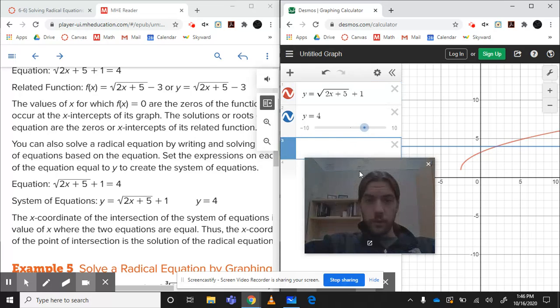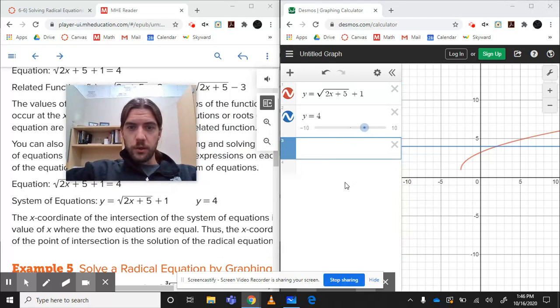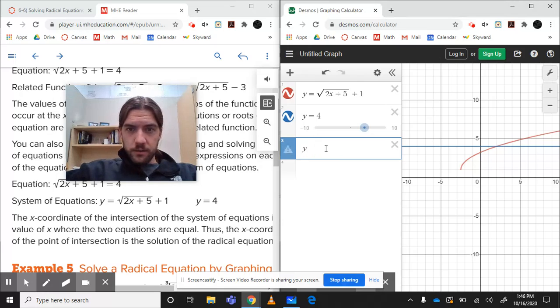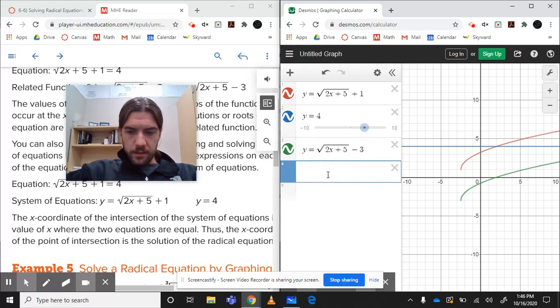Now, the other one, the one that was talking about zeros and solving for zeros, this is basically all they were doing on the other one. So instead of doing what we just did, they'll do this. They'll say square root of 2x plus 5, and then they'll go minus 3, and that will equal 0.